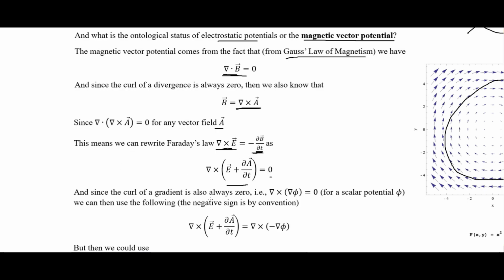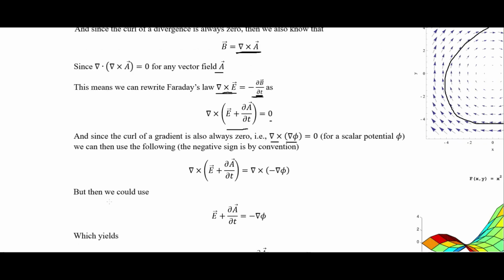Since the curl of a gradient is always zero, where phi is some scalar potential, a scalar potential being something like air temperature or air pressure, it's a magnitude but not a direction, we can use the following. The negative sign is by convention.